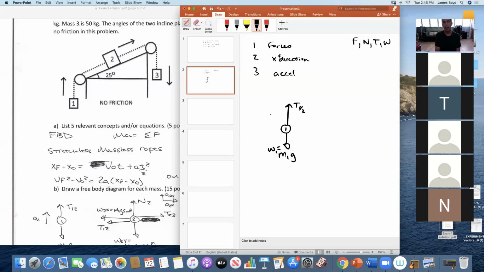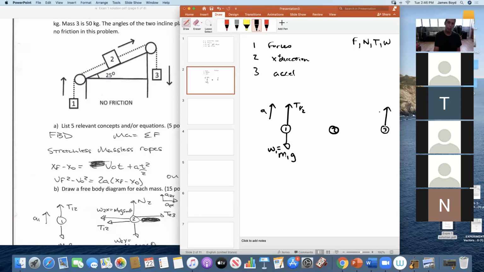Now, when they're up and down like this, I don't really care about the positive x direction. Really what I care about is that you write a or v. I want some kind of acceleration, showing the direction of motion. And we'll get into why that is in a second. For number 2, well, let's do 3 really fast.